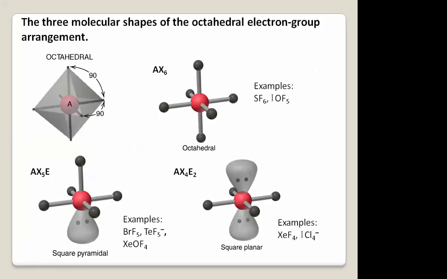So the last hybridized orbital that we'll be looking at is the AX6, which is an octahedral molecule formed from sp3d2. S1, P3 making 4, D2 making 6. So you have 6 X attached to the central atom. Your central atom has 6 flanks of terminal atoms, and you have an octahedral structure.